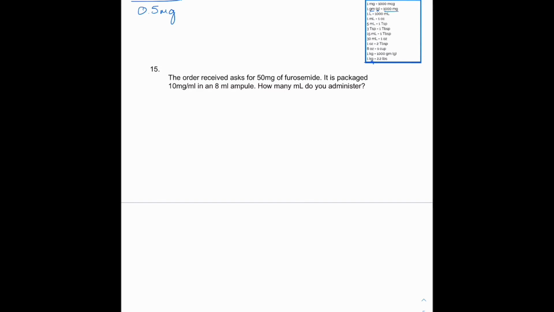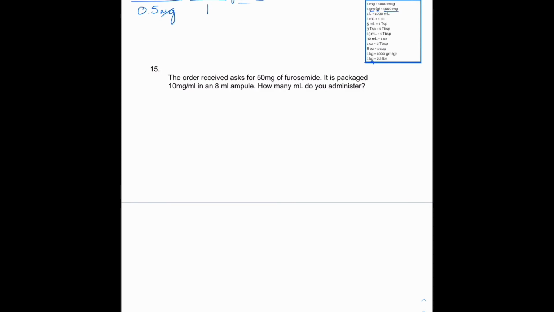Okay, so I need to get rid of the milligrams, so that means milligrams is going to go on top. And if we look at, you need to administer 0.75 milligrams, that's our order, right? And it's in milligrams. So that's going to work out. So 0.75 milligrams, those cancel out. So we're good. Now we can multiply across.